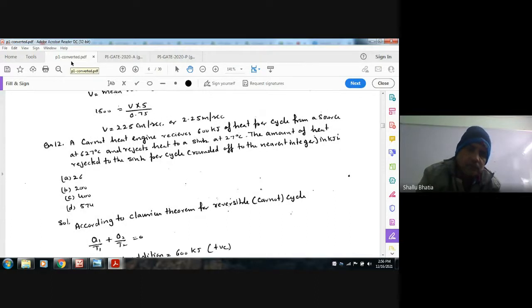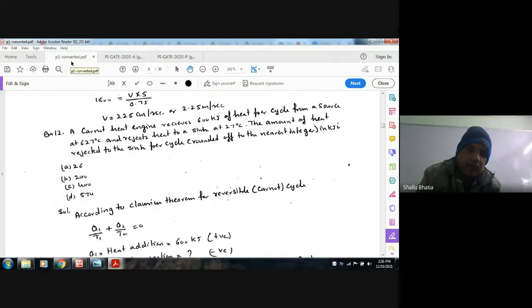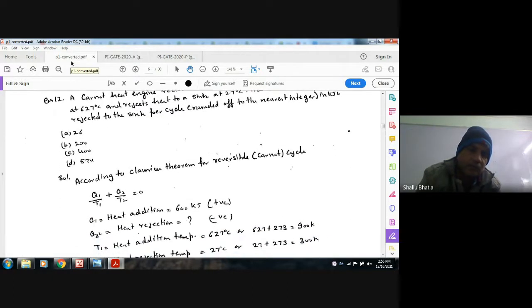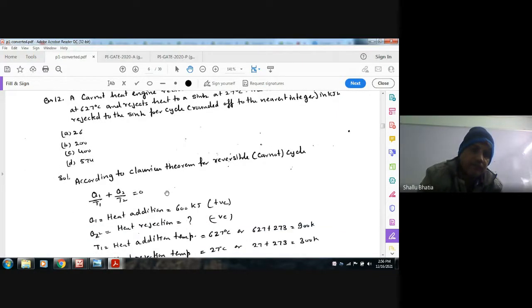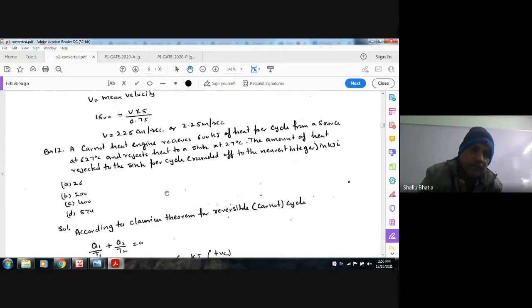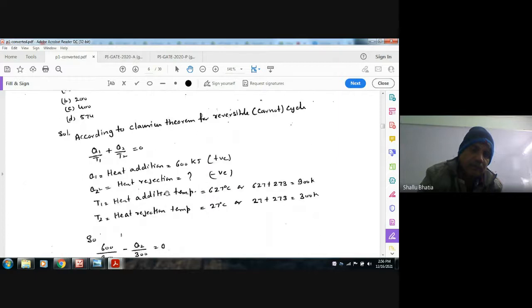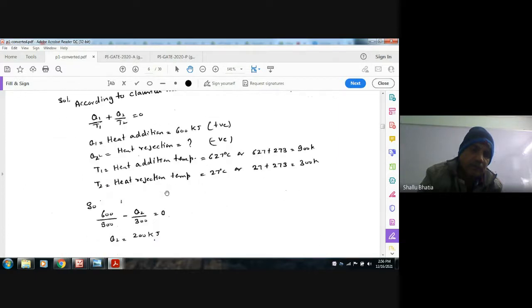As the cycle is Carnot, we can use the Clausius theorem, that is Q1 by T1 plus Q2 by T2 equal to 0. Q1 here is the heat received, that is 600, at temperature 627, that is 900 kelvin. And T2 is 27, so it is 300 kelvin.